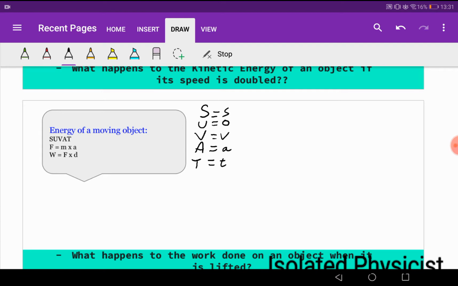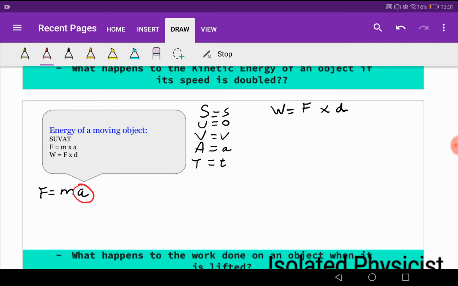Let's use the equation work done equals force times distance. Now our force equals mass times acceleration because F equals ma, so we need A from SUVAT. We don't know what that is, so let's see what we have.